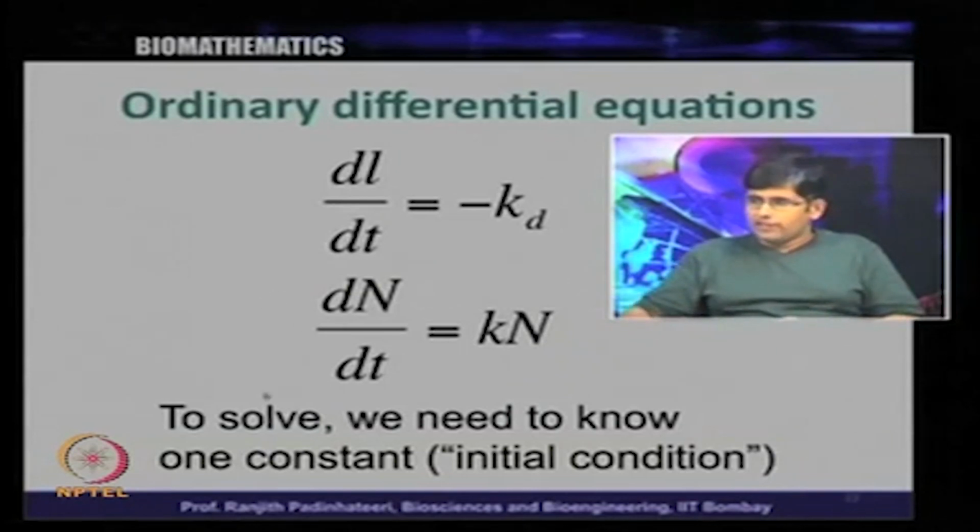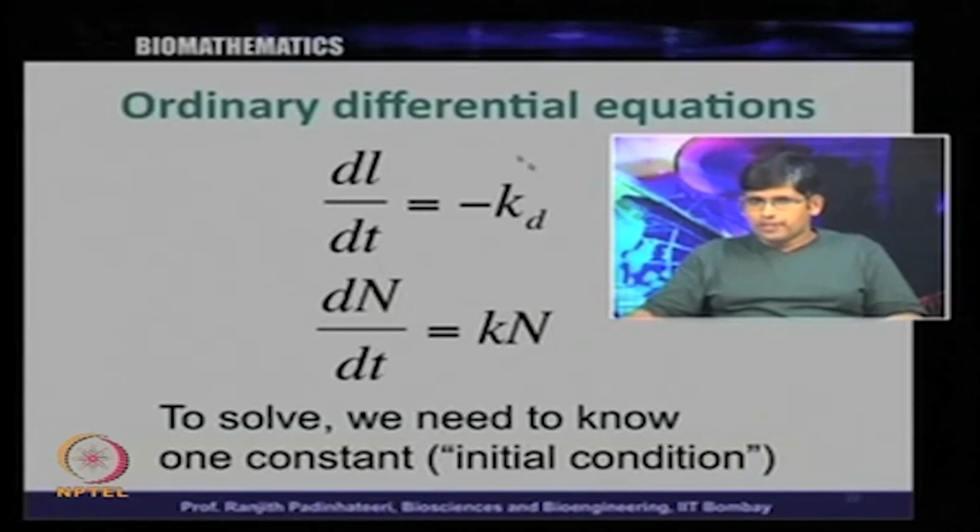Two examples: dl by dt is equal to minus kd or dl by dt is equal to plus kd, describing the rate of change of length, the length increase or length decrease depending on the plus or minus sign. The number increase is described by the other equation.